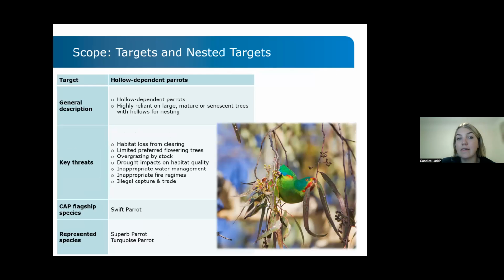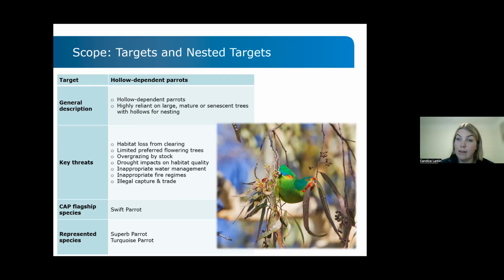Another target species was the swift parrot, another one of the Woodland Bird team's primary birds that we spend a lot of time on. Hollow dependent parrots. These guys rely on large hollow bearing trees. These are obviously very old and mature trees. So a huge risk for these guys is habitat loss from land clearing.